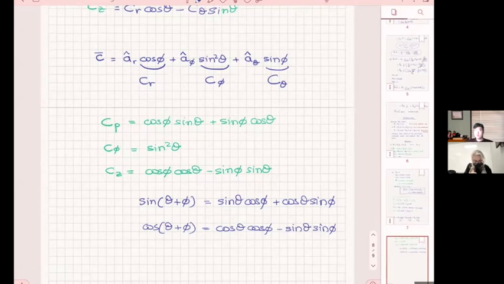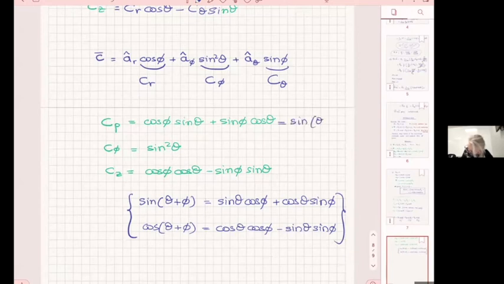All the formulas are available nowadays. And I am correct in both of those. So I remembered well the sign I was wondering about. So practically, this one is sine of theta plus phi. This one is what it is. This one is cosine of theta plus phi. This is how it simplifies.